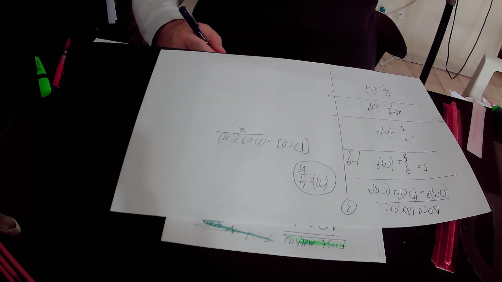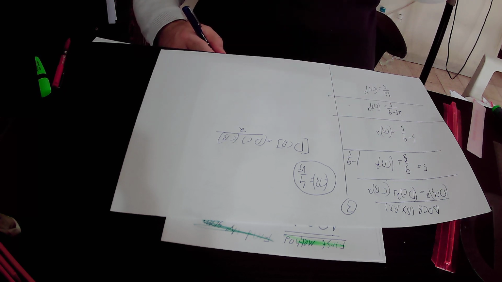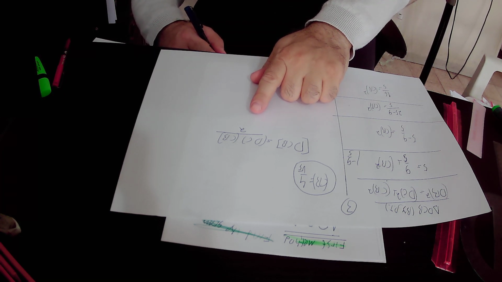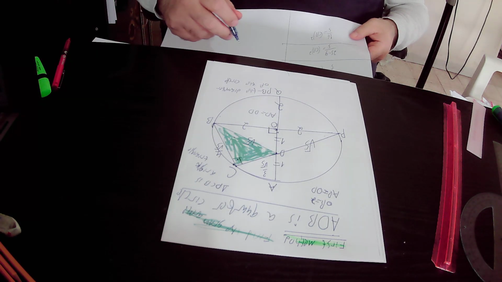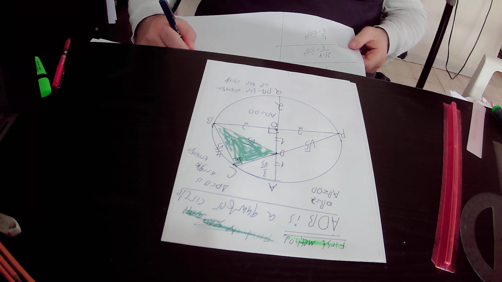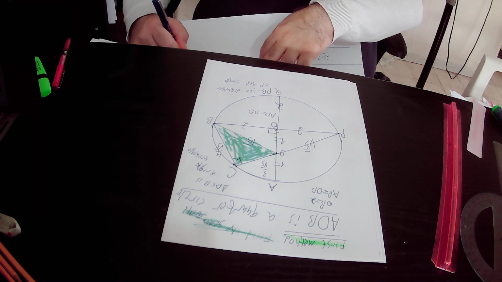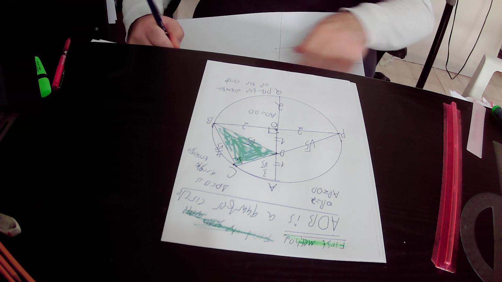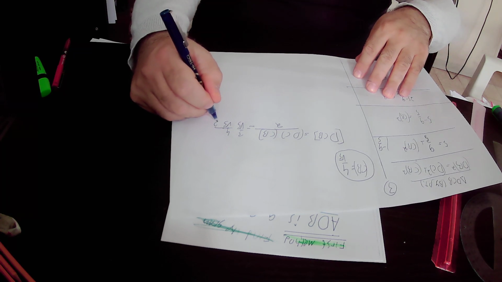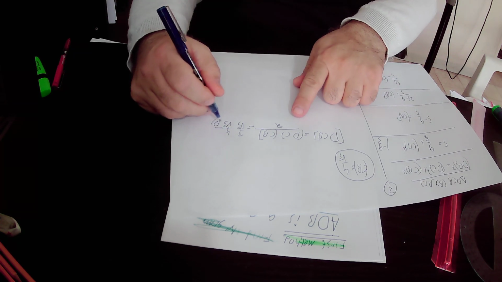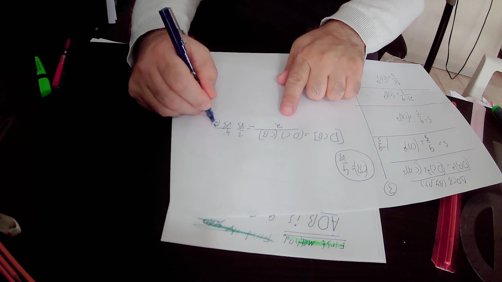So DC equals 3 over square root of 5 units, CB equals 4 over square root of 5 units, all divided by 2. I repeat again, DC equals 3 over square root of 5 units, CB equals 4 over square root of 5 units, all divided by 2.